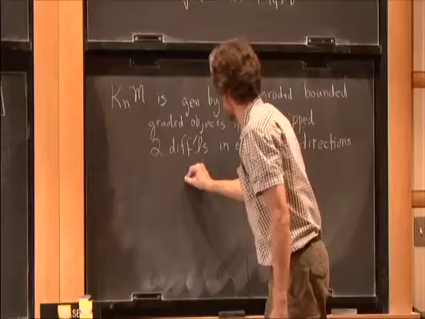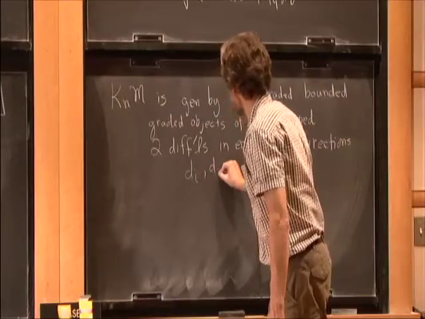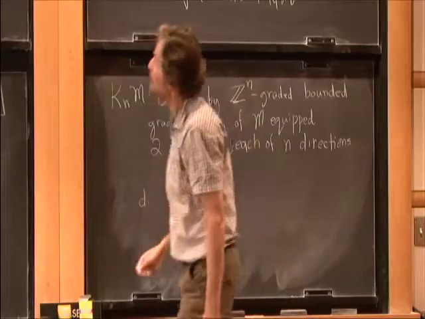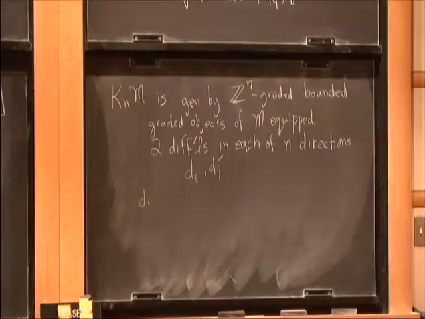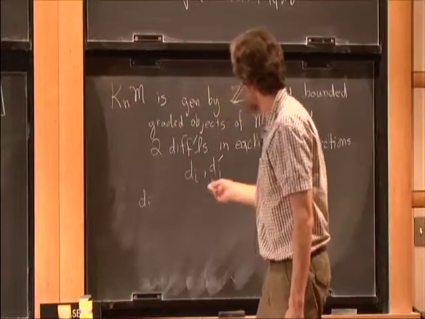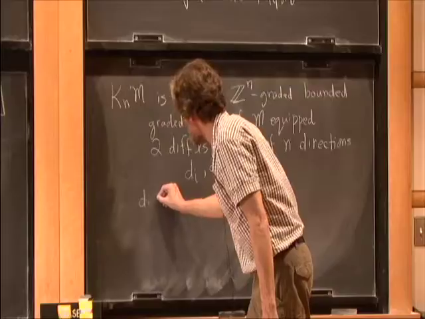So let's call them di and di prime. And then, remembering the answer to this question about what the morphisms are, one sees that the differentials have to commute with each other to a certain extent.